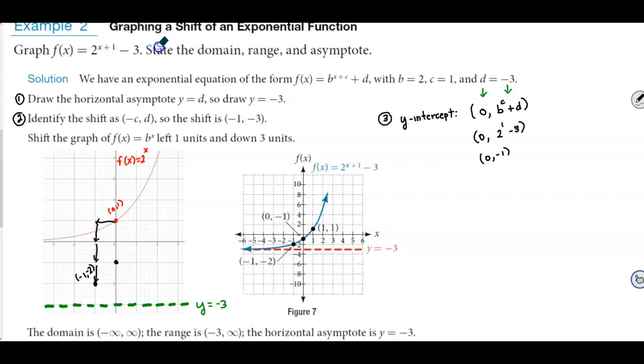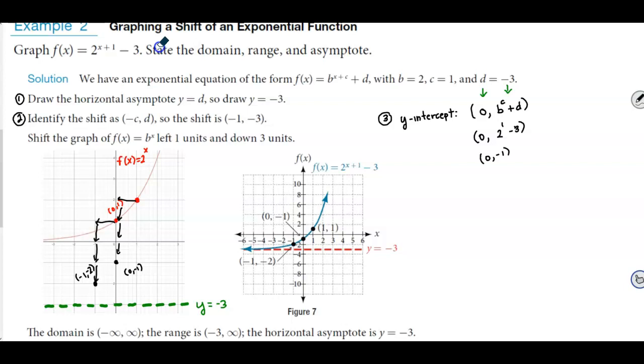Now we can take a look at other points on the graph to figure out our shift, but we have to find points that are nice and easy to look at. If we pick another point on this graph, that point is (1, 2). Using the shift, we move left 1, down 2, down 3, and again we land on the y-intercept, giving us (0, negative 1).